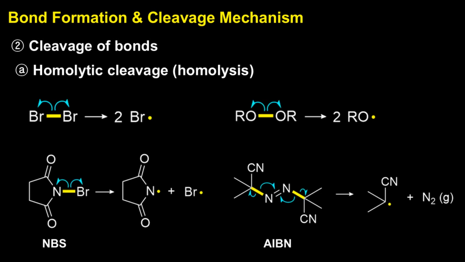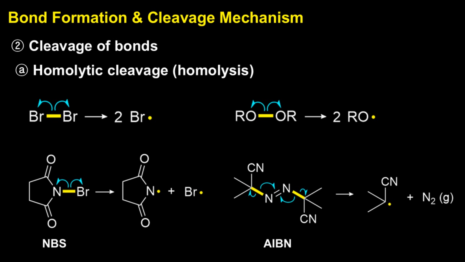Sigma bond homolytic cleavage is a classic feature of radical reactions, like when a bromine molecule breaks apart into two bromine radicals. Another good example is with peroxides. When the O-O bond breaks symmetrically, it forms two alkoxy radicals, and those radicals can go on to react further. In more complex systems, homolytic cleavage shows up in NBS, that's N-bromosuccinimide, where the weak N-Br bond breaks and forms a bromine radical.